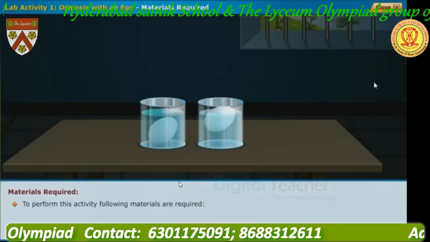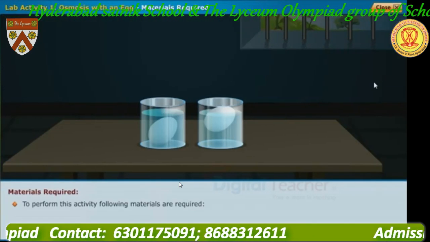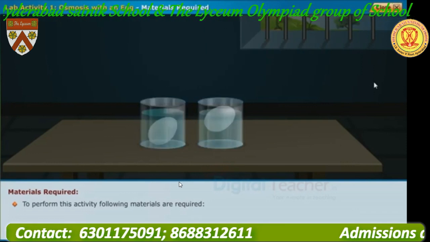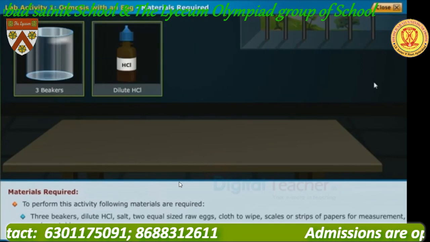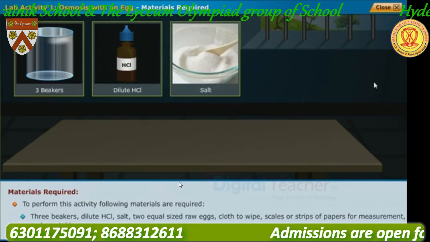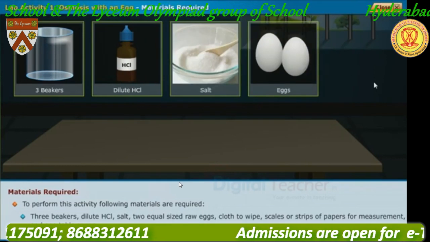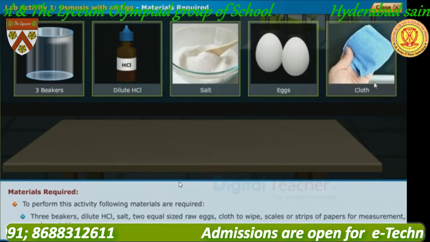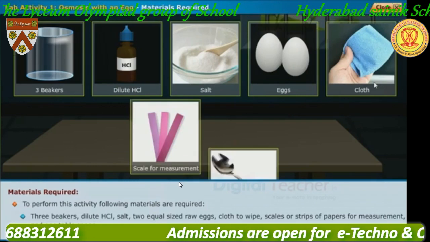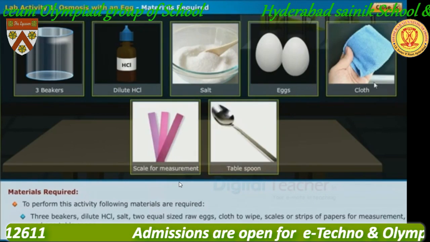To perform this activity, following materials are required: 3 beakers, dilute HCl, salt, 2 equal-sized raw eggs, cloth to wipe, scales or strip of papers for measurement, and 1 tablespoon.